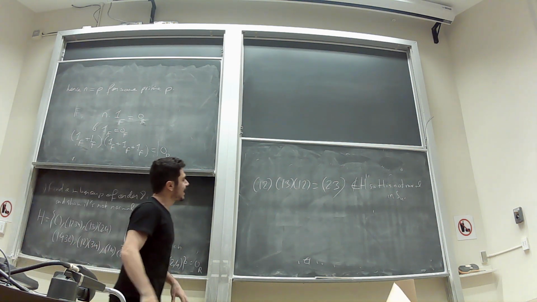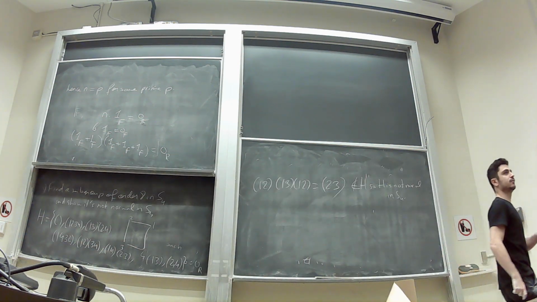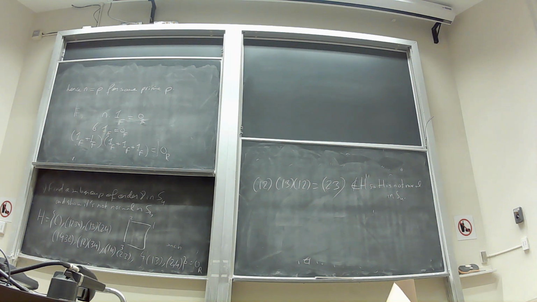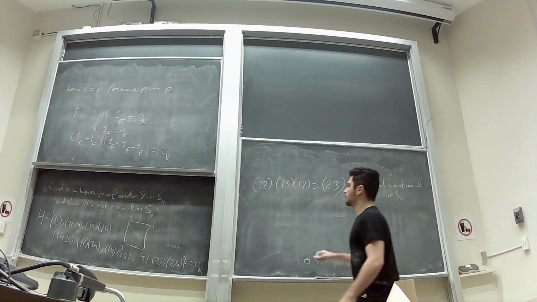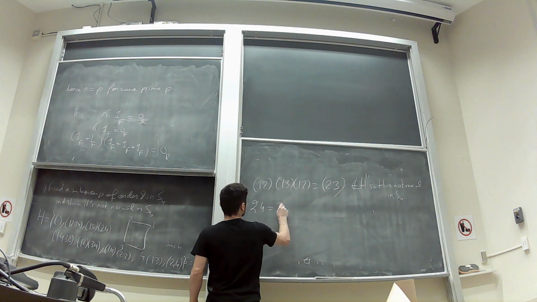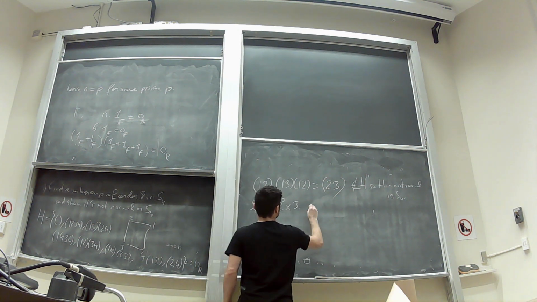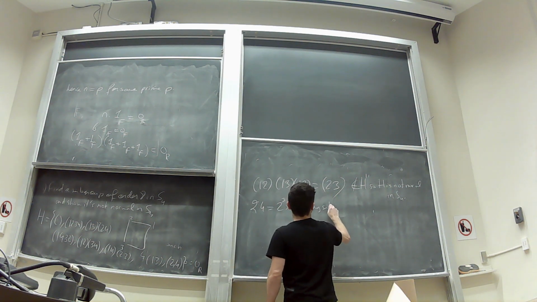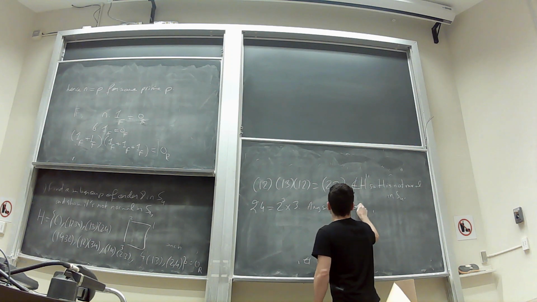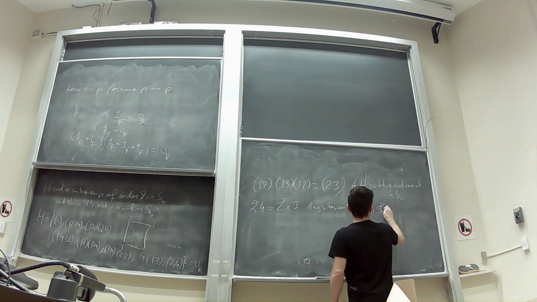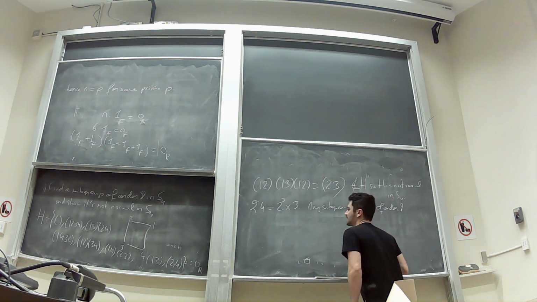Now, I ask you then to find all subgroups of order 8 in S4. How to do this? The idea is that 24 is 2 cubed times 3. So any subgroup of S4 of order 8 is a Sylow 2-subgroup.